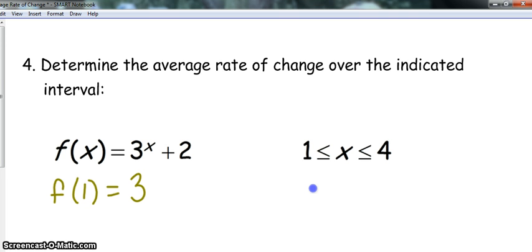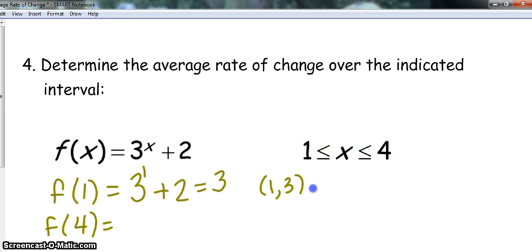All right, so f of 1 is 3 to the first plus 2, so that's going to be 3. So my point is going to be 1, 3. And then f of 4 is 3 to the fourth plus 2. 3 to the fourth is 81, plus 2 is 83. So my point is 4, 83.